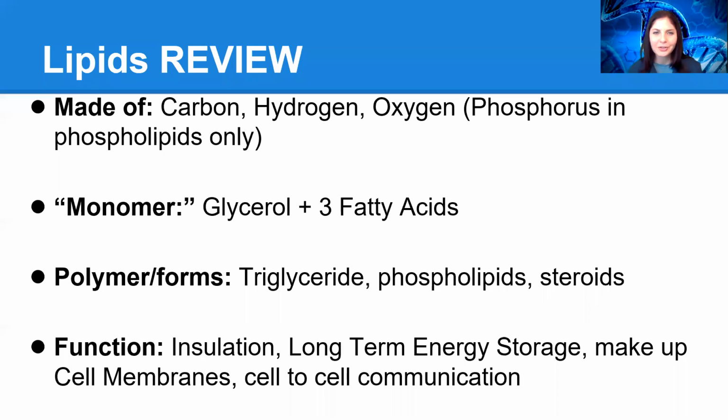So as a quick little review, all lipids are composed of hydrogen, oxygen, and carbon. Now, when we talk about our phospholipids, those also have phosphorus in them because they have those phosphate heads that go on to the phospholipid bilayer, and then they have their hydrophobic tails that do not like water.